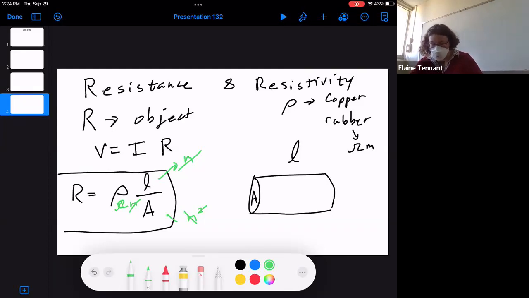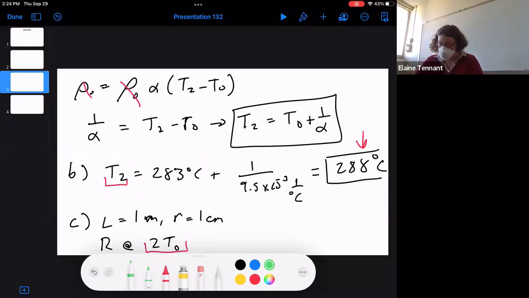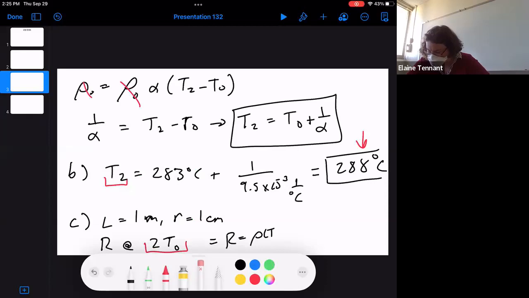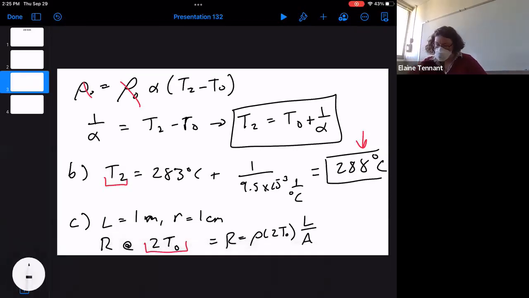Now, let's take this and run back to right here, where if I want to figure out the resistance of this thing, R will equal the resistivity at 2T naught multiplied by this thing's length, which we use capital L for, and divided by its area.